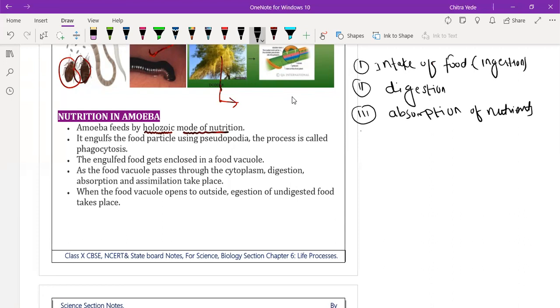And after absorption of nutrition, these nutrients have to be transported all over the body in order to provide energy or for other purposes also. So this process is called as assimilation.